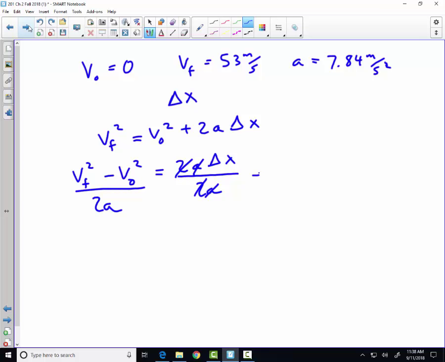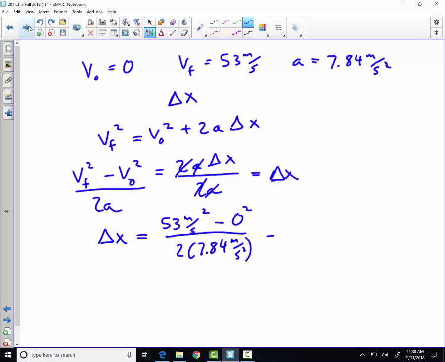So I'm left with delta x. Okay, so delta x equals 53 meters per second squared minus 0 squared divided by 2 times 7.84 meters per second squared.